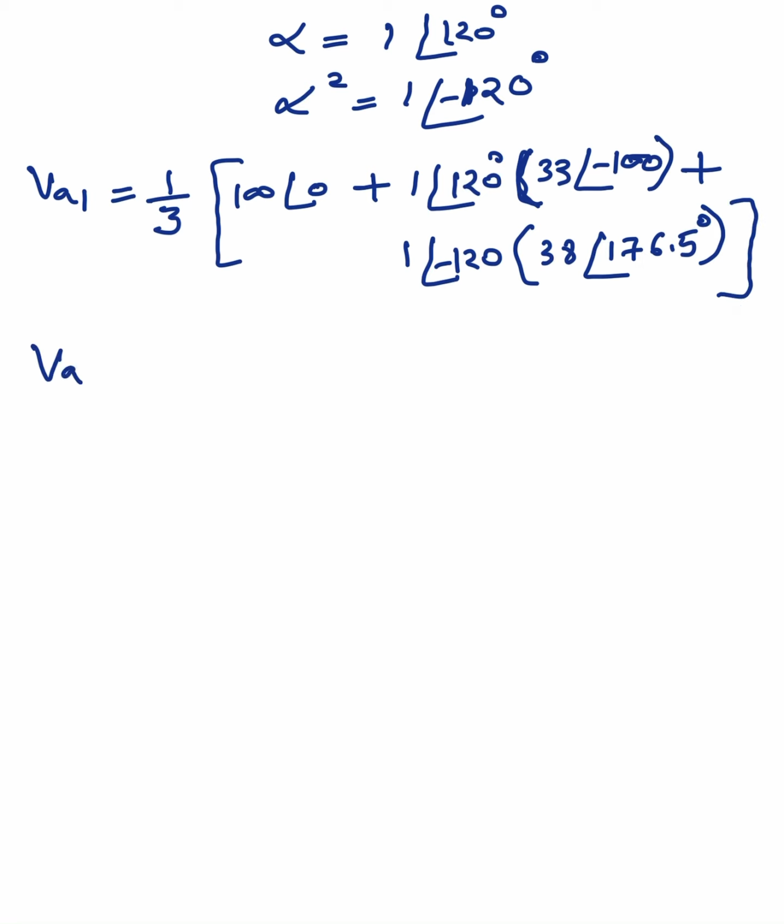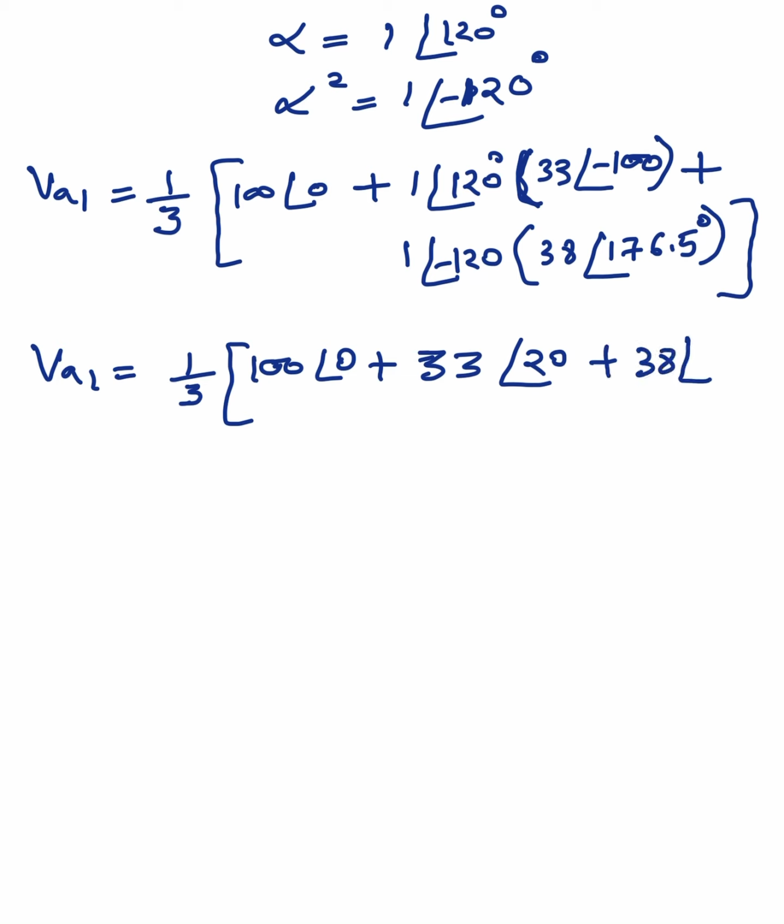Here, 1 upon 3 times 100 angle 0, plus 33 with angle 120 minus 100, that is 20 degrees, plus 38 with angle 176.5 minus 120, that is 56.5 degrees.